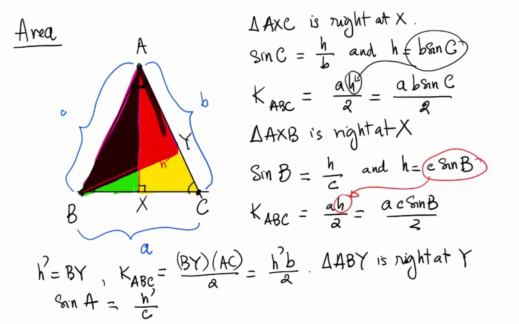Thus, if we solve for h prime, the area of the triangle ABC becomes c b sine of A over 2.